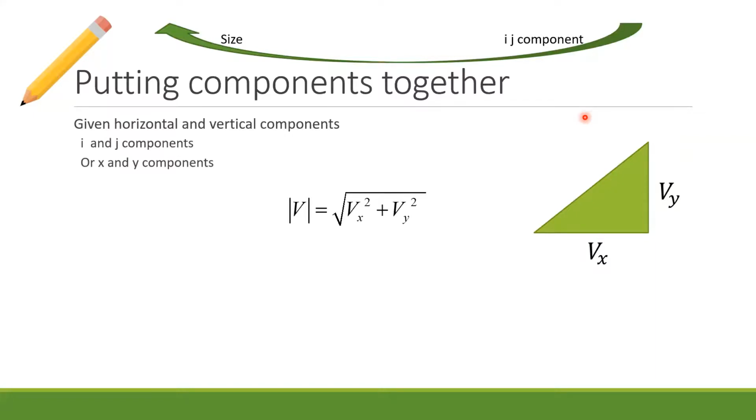The size of a vector is the x component squared plus the y component squared, square rooted. That gives you the size. This is Pythagoras' theorem. So if you're looking at this thinking, oh crap, I've got to learn a brand new equation, this is just v squared equals v of x squared plus v of y squared. The only difference is I've square rooted it so that I can make it work.